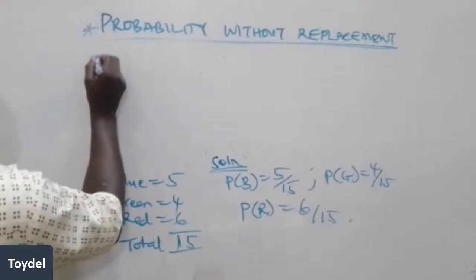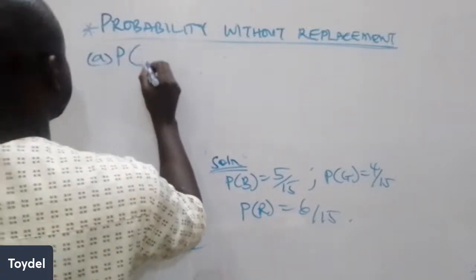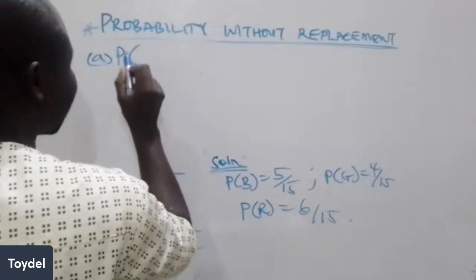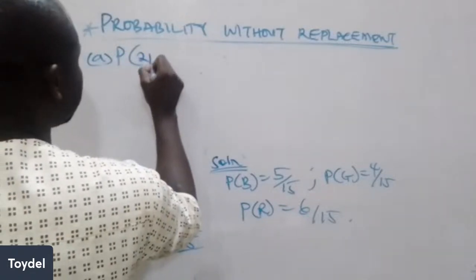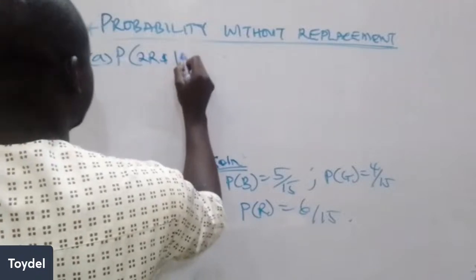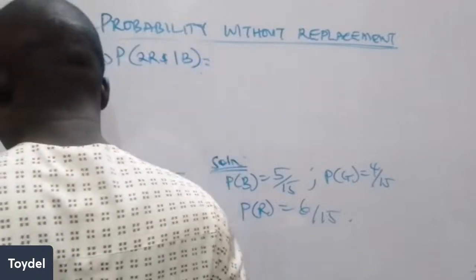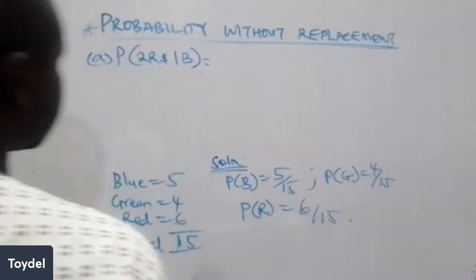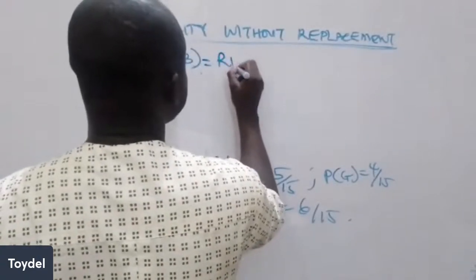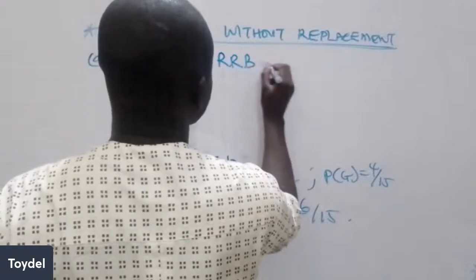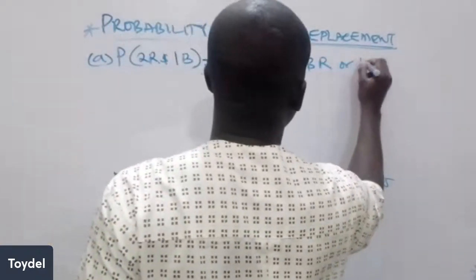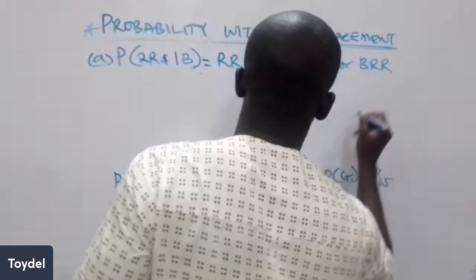For this first one, we are looking for the probability that if the 3 balls are taken at random, 2 are red and 1 is blue. If 2 are red, it simply means we can have red, red, blue, or red, blue, red, or blue, red, red.